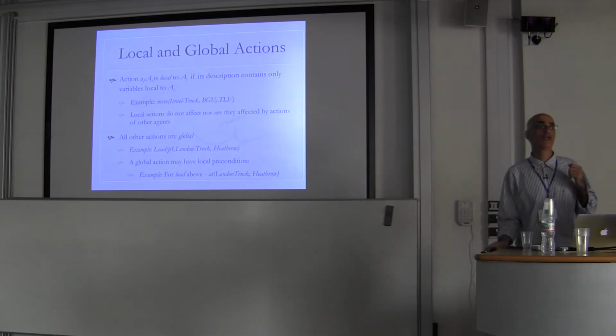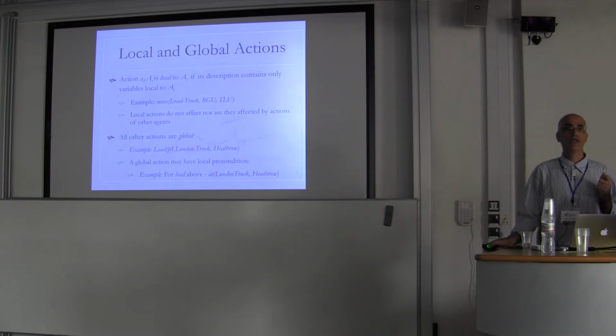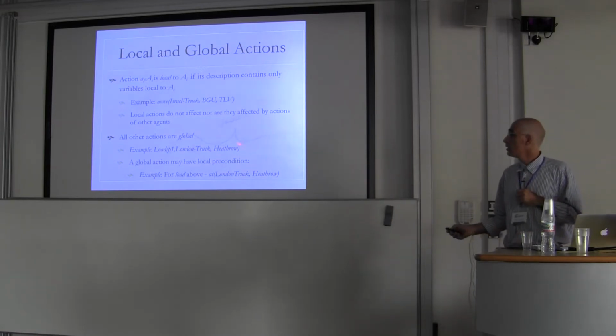Because a precondition of loading the package is that the package is at Heathrow, and an effect is that the package is no longer at Heathrow. And the package being at Heathrow is a global proposition, because it appears in the description of multiple agents. So this is a global action.